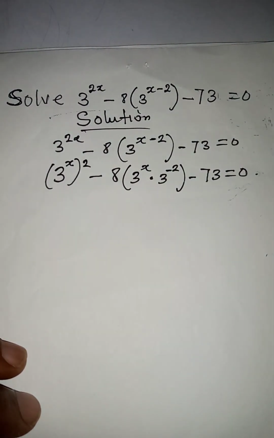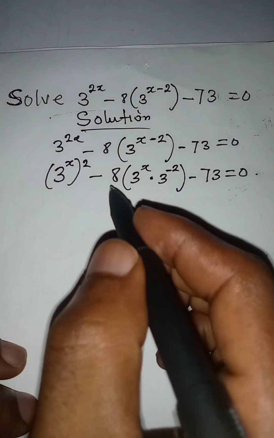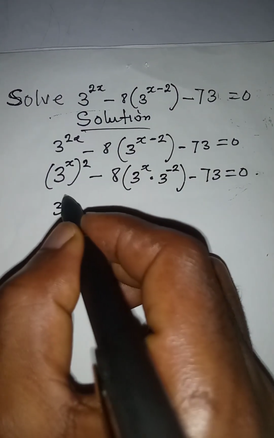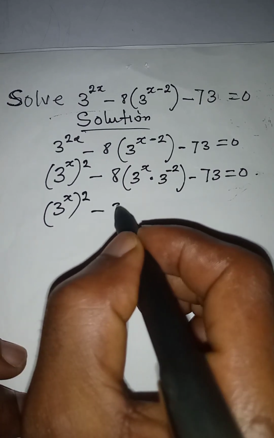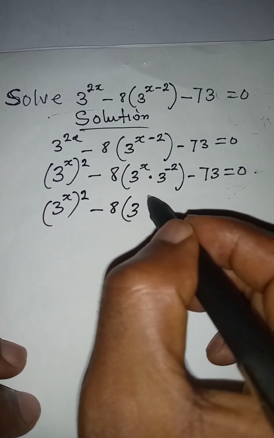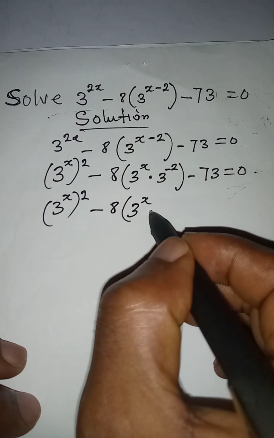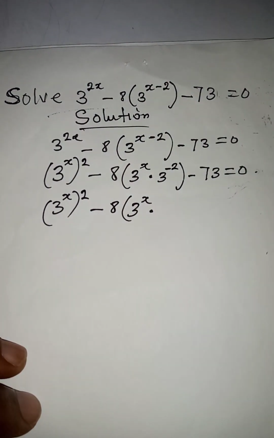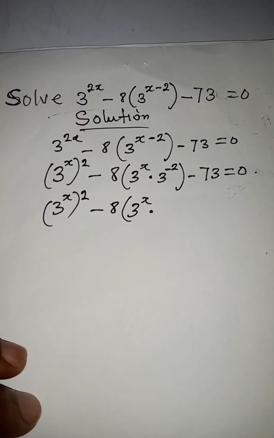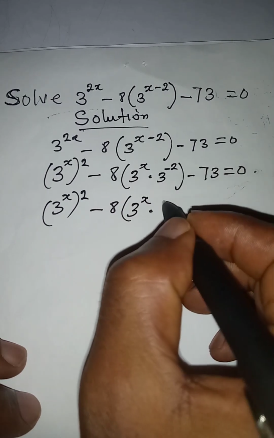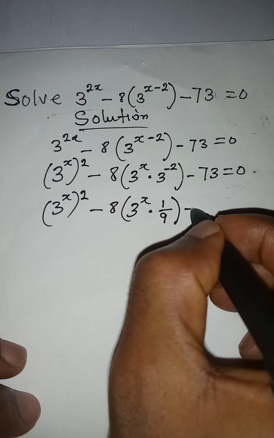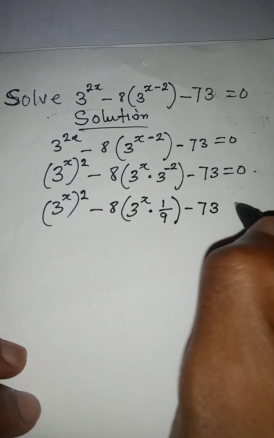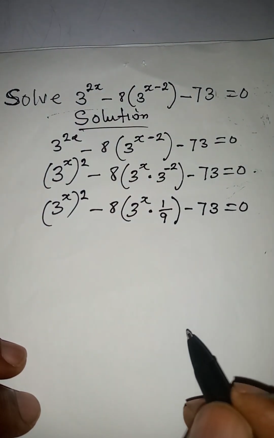So from here, I can take another step to say 3 to the power of x raised to the power of 2 minus 8 into bracket 3 to the power of x multiplied by 3 to the power of negative 2, which is the same thing as 1 over 9. Close the bracket. I'll have minus 73 equal to 0.